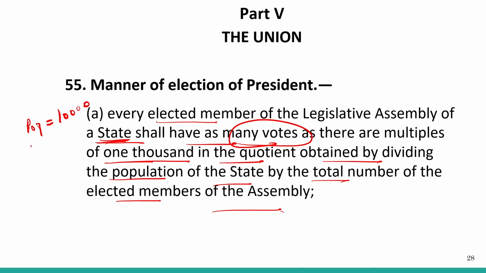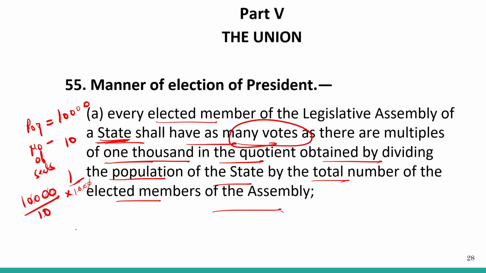Number of seats in a state in the Vidhan Sabha is this. So what we are going to do is divide the population by the number of seats, and as there are multiples of 1000 in the quotient obtained, now this will be 1 upon 1000, and this is how we are going to deduct how many votes there will be.